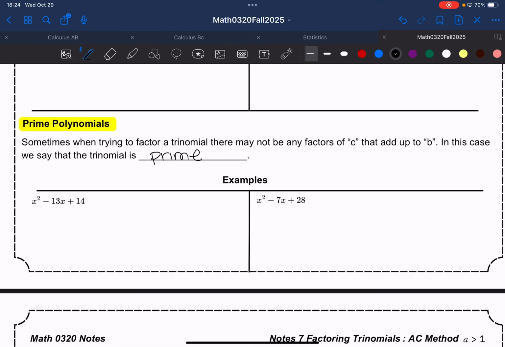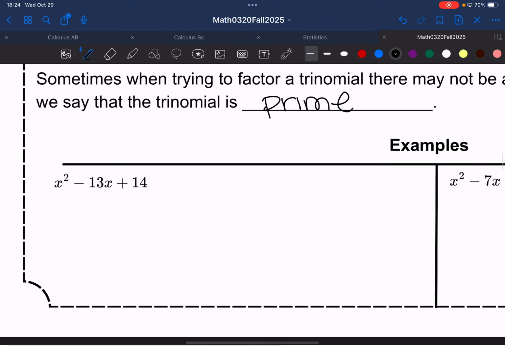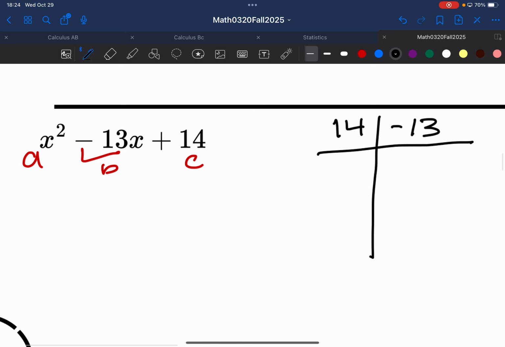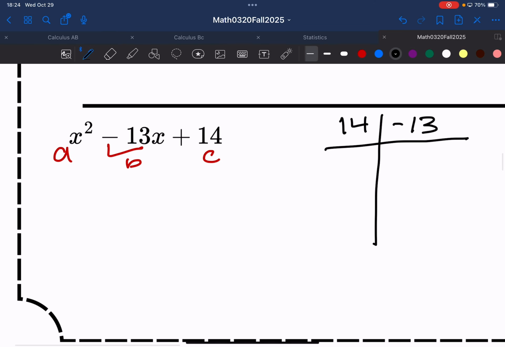For example, if we are looking at this one here, we label our a, our b, and our c. We need two numbers that multiply to 14 but add to negative 13. Okay, so let's pretend we don't know this is going to be prime, and let's genuinely see if we can find two numbers that will give us that negative 13.